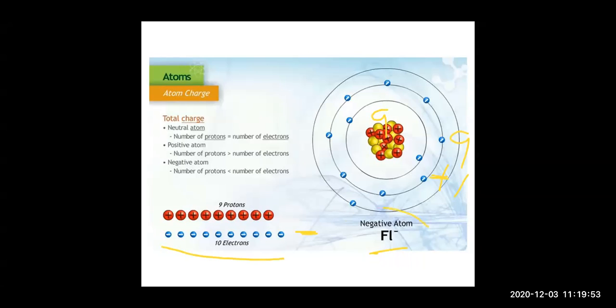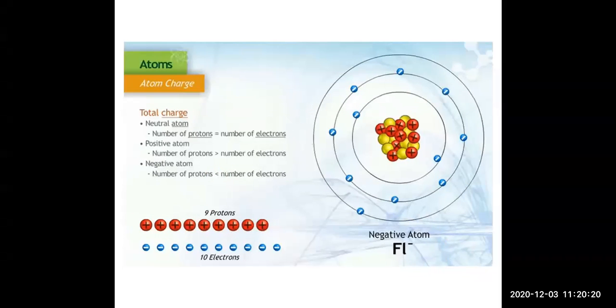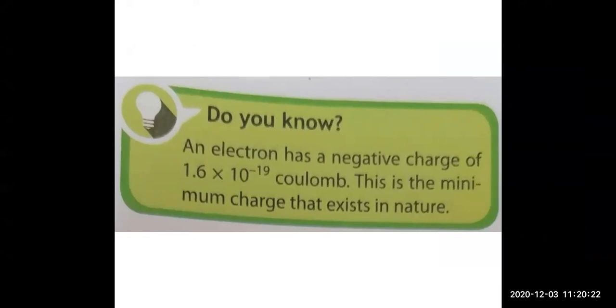So it is a negative atom, and the number of electrons is more as compared to the number of protons. So from here we can conclude that electrical charges are of two types, positive charge and negative charge. And electrical charge can be created on a body by either gaining electrons or by losing electrons.